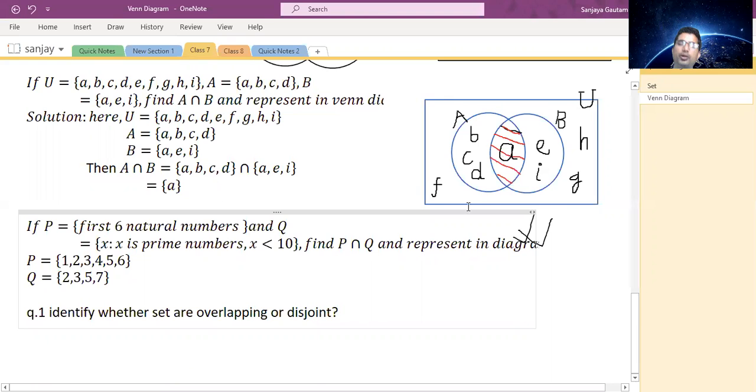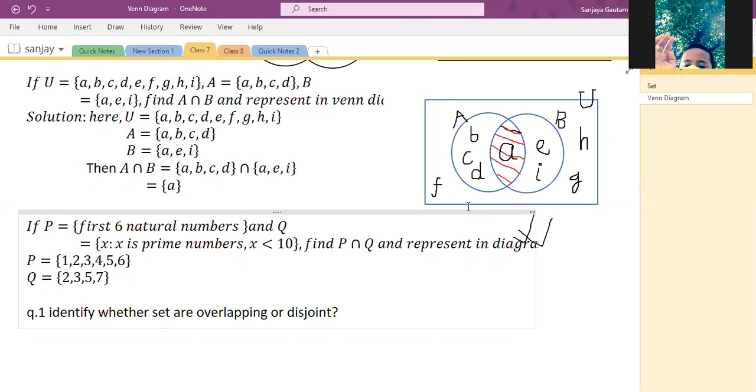So, in the overlapping and disjoint case, if members are common, then overlapping. If none of the members are common or repeated in both sets, we call it a disjoint set. Are you clear on that? Yes, sir.